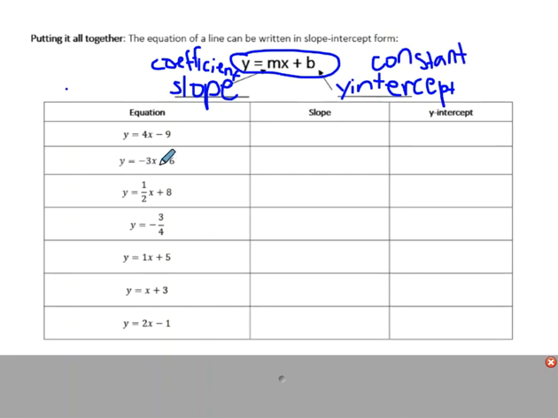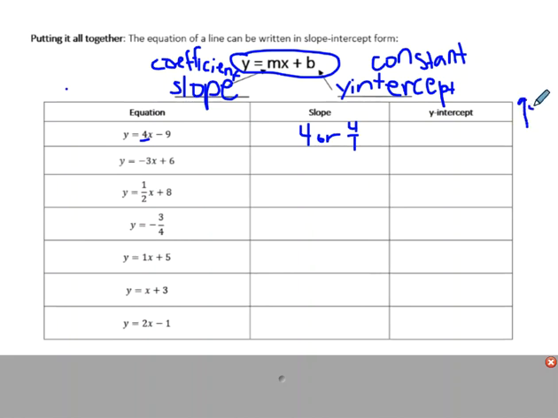All right, so here we go. The equation y equals 4x minus 9. They want you to identify the slope and the y-intercept. The number right in front of the x, the coefficient of x, is 4. My slope is 4. I could also say 4 over 1. That means I am rising 4 and running 1.